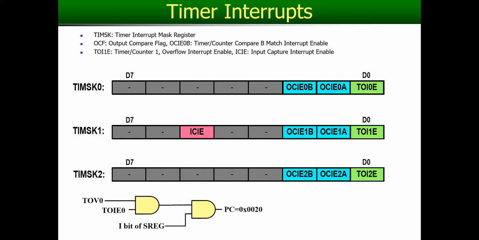Instead of overflowing at 255 in case of timer 0, or FFFF, it can be interrupted on any value, I mean on the output compare match. And remember there were 2 for each timer.